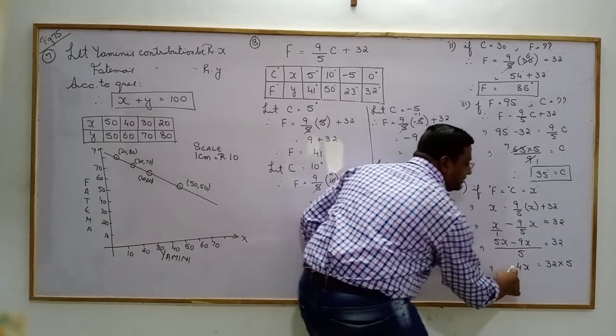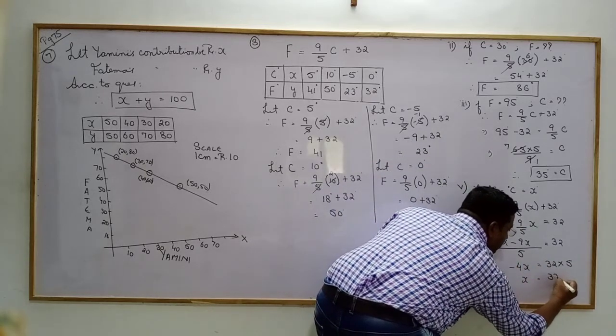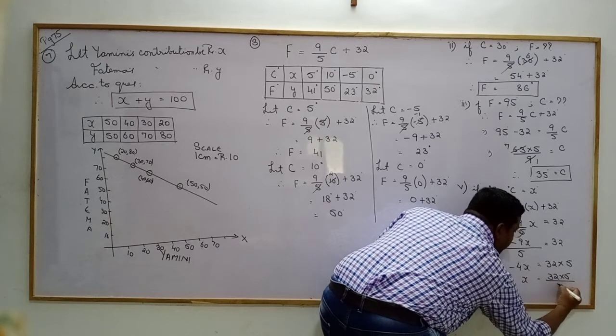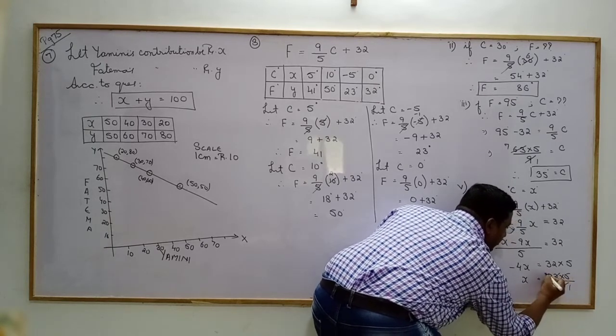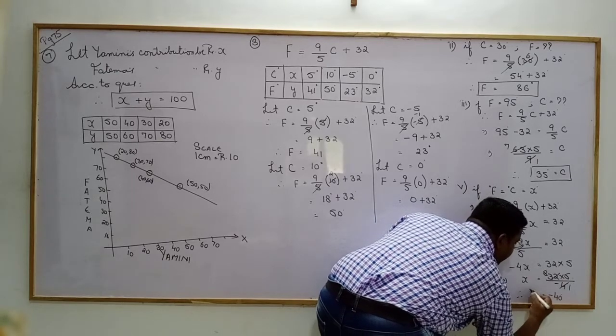Minus 4 is in multiplication, goes into division. So x is equal to 32 into 5 upon minus 4. 4 eights are 32. So therefore x is equal to minus 40 degrees.